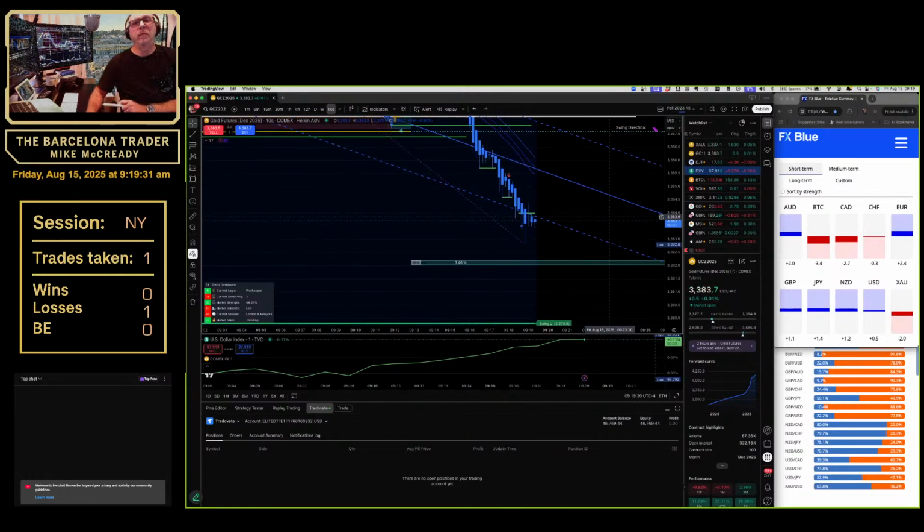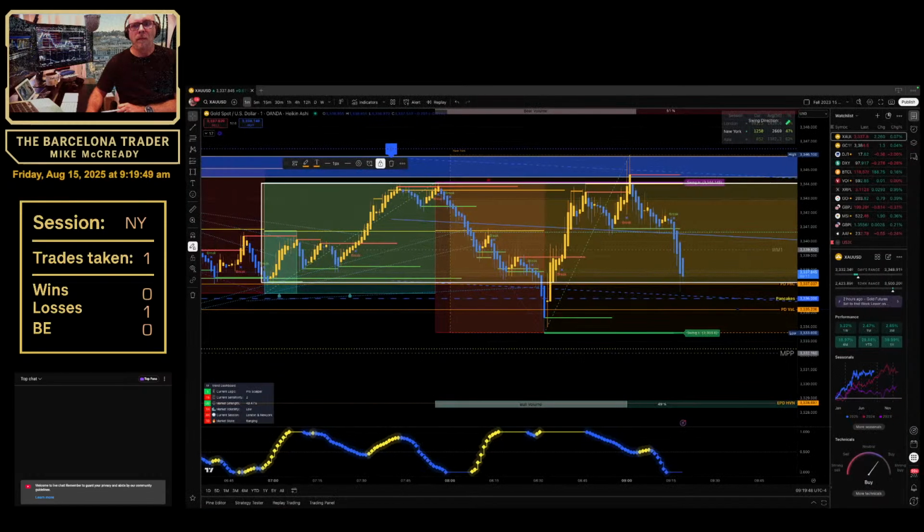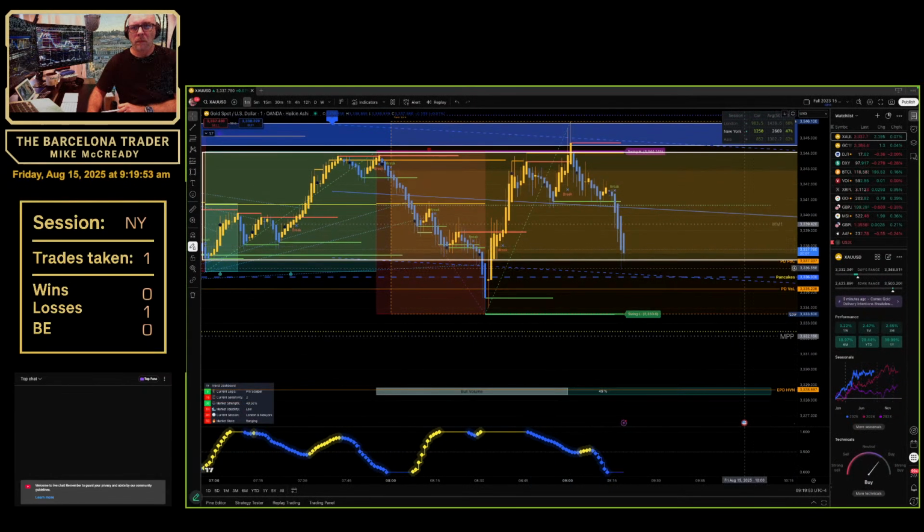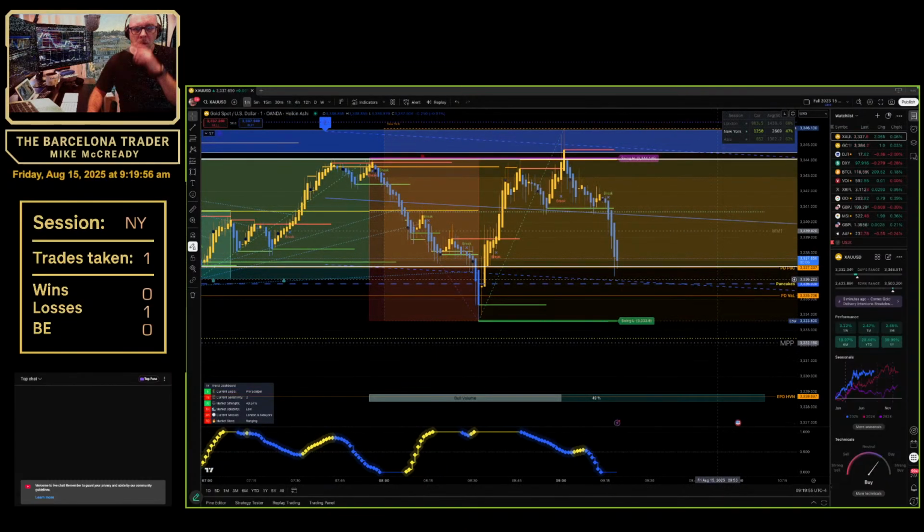Hitting the point of control right now, so I don't want to take another sell here. Bouncing off of that. Also the bottom of the opening range, so we did come below here.